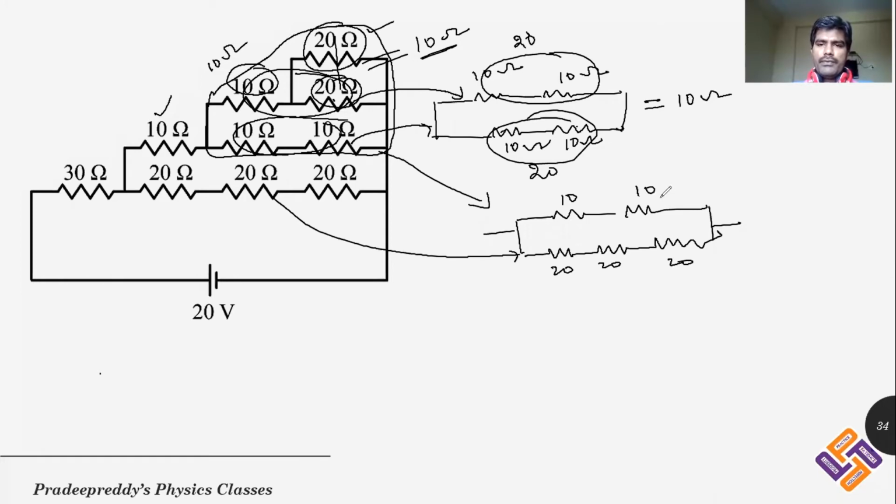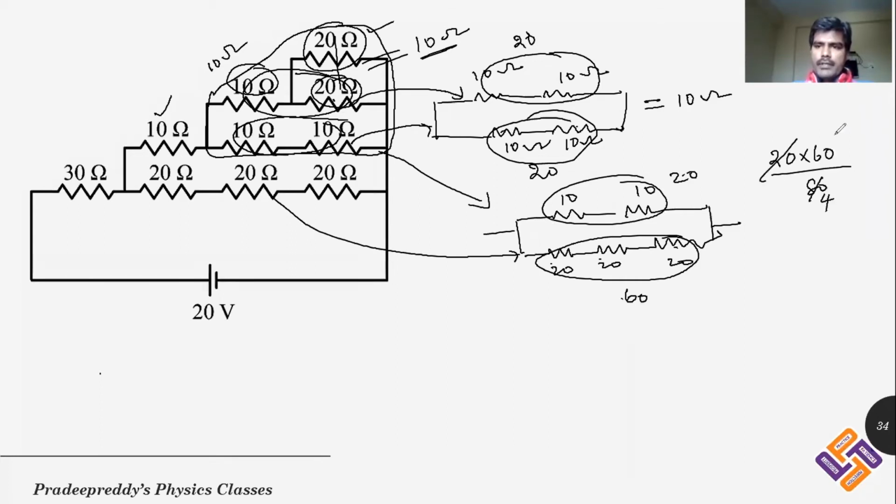And what is the effective from this? 10 and 10 become 20. 20, 20, 20 become 60. 20 and 60 are in parallel. That is 20 into 60 divided by 80, which is 30 divided by 2, which is 15. So 15 ohm is the final value.